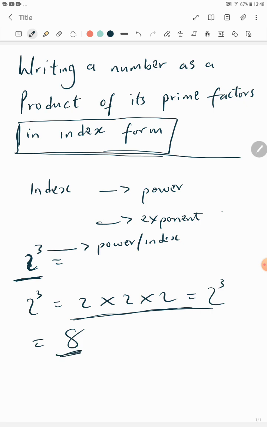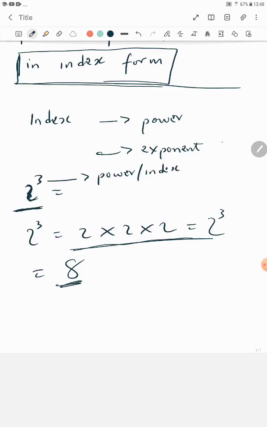So 8 is the single number, but if we want to write 8 as a product of its prime factors, let's put it this way.